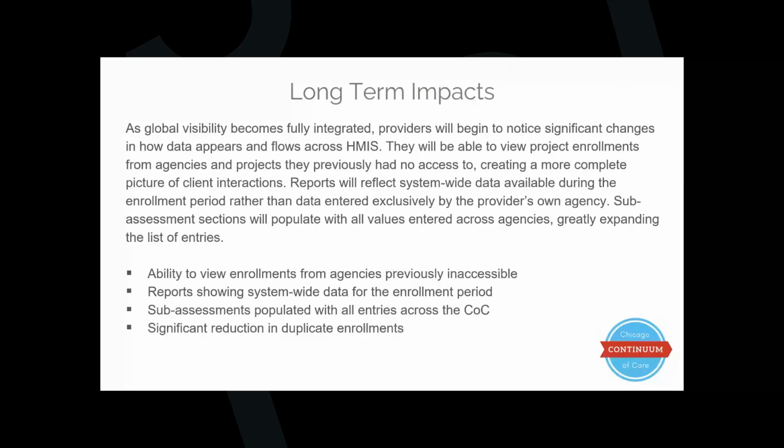And then when it comes to duplicate enrollments, again, hopefully the ability to see all enrollments in the system would allow you to make the decision at the time of enrollment to say, oh, I see this client already has an open record at this particular agency.